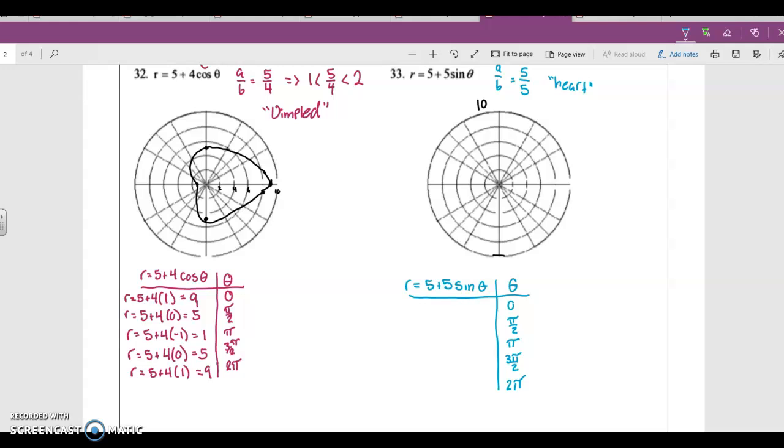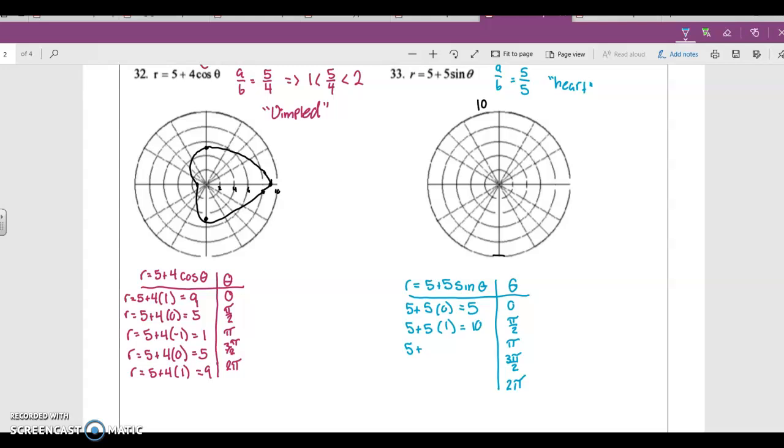So this one here, when theta is equal to 0, we have 5 plus 5 times sine of 0, which is equal to 0. So this one is just 5. Next up, 5 plus 5 times sine of pi over 2, which is positive 1. So that's equal to 10.